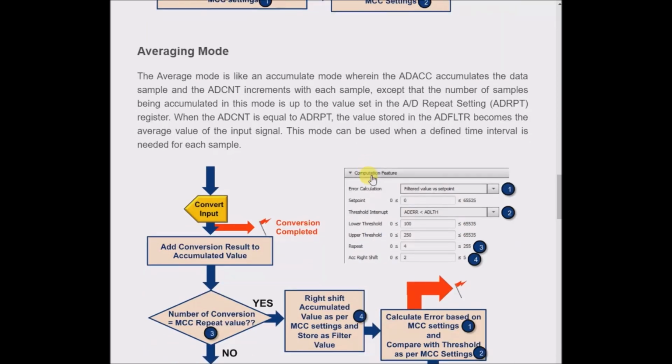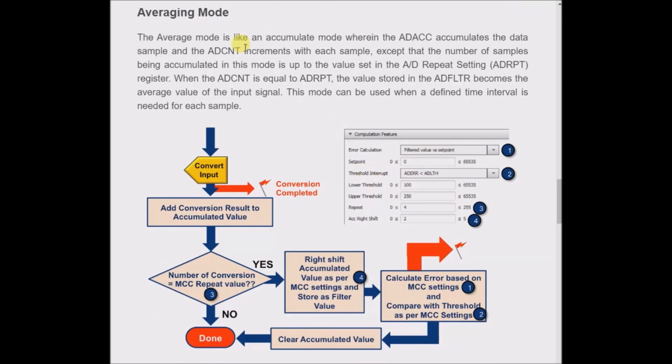Averaging mode. The average mode is like an accumulate mode, wherein the ADACC accumulates the data sample and the ADCNT increments with each sample, except that the number of samples being accumulated in this mode is up to the value set in the AD repeat setting, ADRPT register.